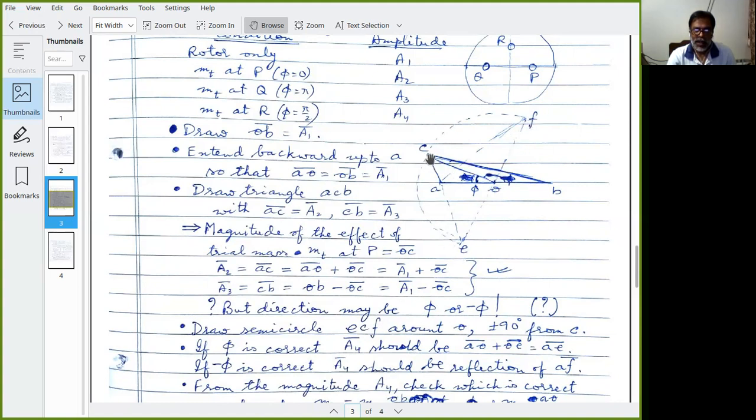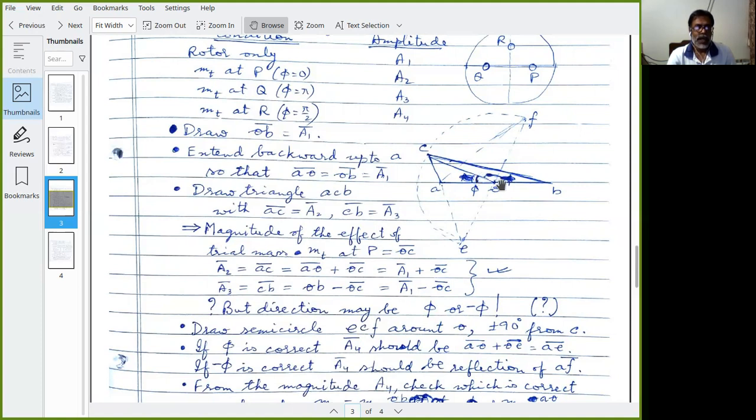Basically, perpendicular to OC, you draw a line, and with radius OC you cut that line on both sides, call it P, call it F. Now, if phi is correct as we have drawn, and not its reflection.